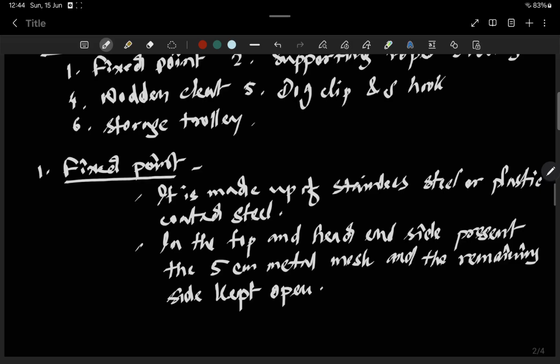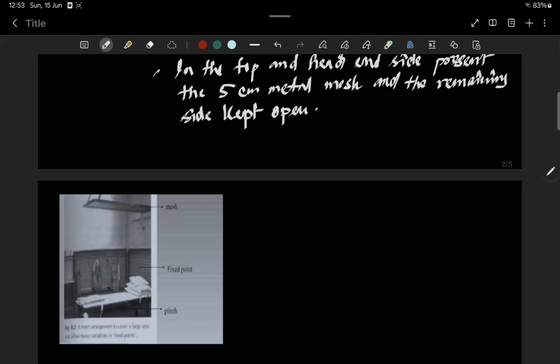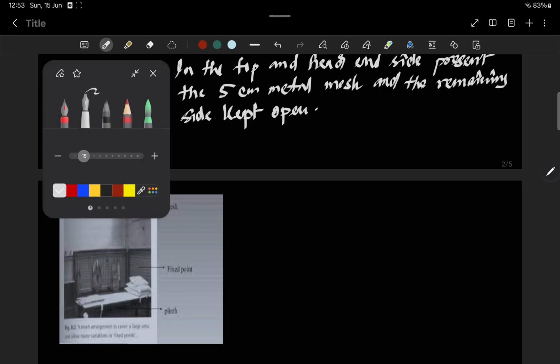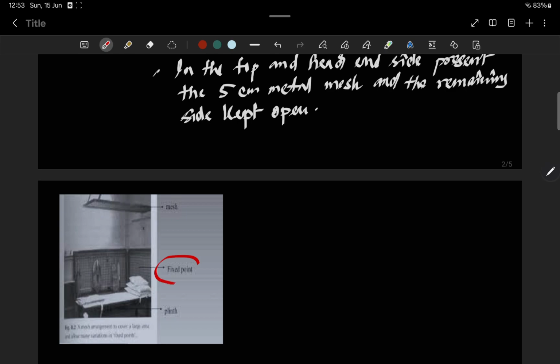So this is the fixed point of suspension therapy.